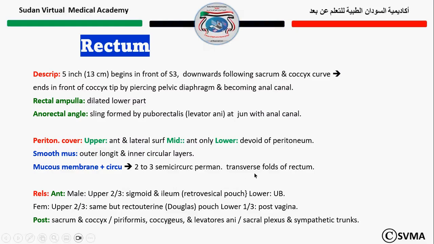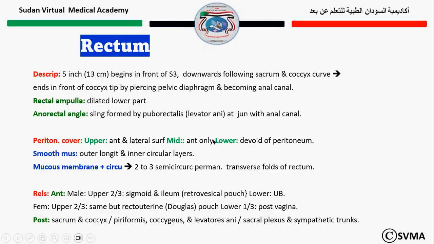So the semicircular permanent transverse folds of the rectum, two on the left and one on the right, are formed by the mucous membrane together with the inner circular layer of muscle.